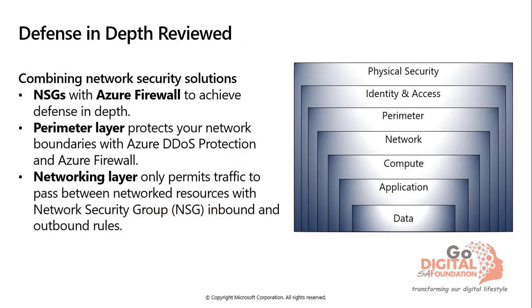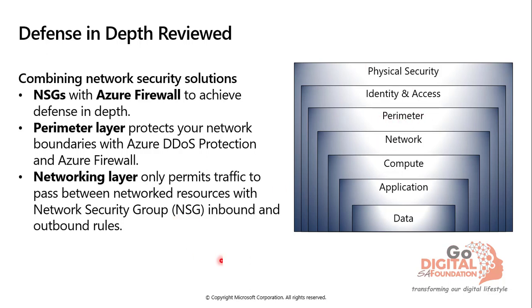And then we're just going to review defense in depth. Combining network security solutions, like NSGs and the firewall, to achieve defense, we combine them to achieve defense in depth. The perimeter layer protects your network boundaries with Azure DDoS. So the perimeter layer, which is this one right here, we use DDoS protection with Azure firewall to protect the whole system.